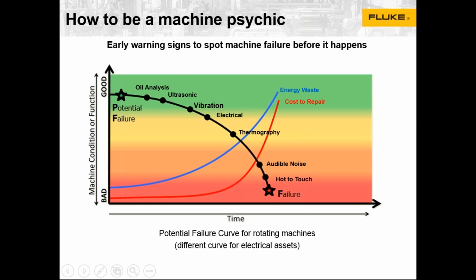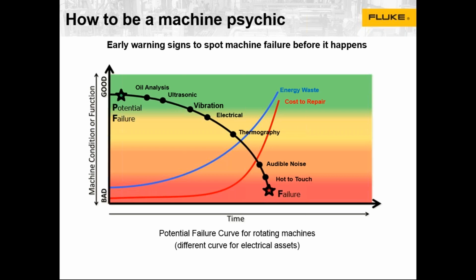Because somewhere up here in the yellow is when the damage is done. The bearings are already wasted. So we have to fix these bearings before they get wiped out. Because if we wait until it's just before the audible noise, now we have to replace the whole motor where we could have replaced just the bearing.